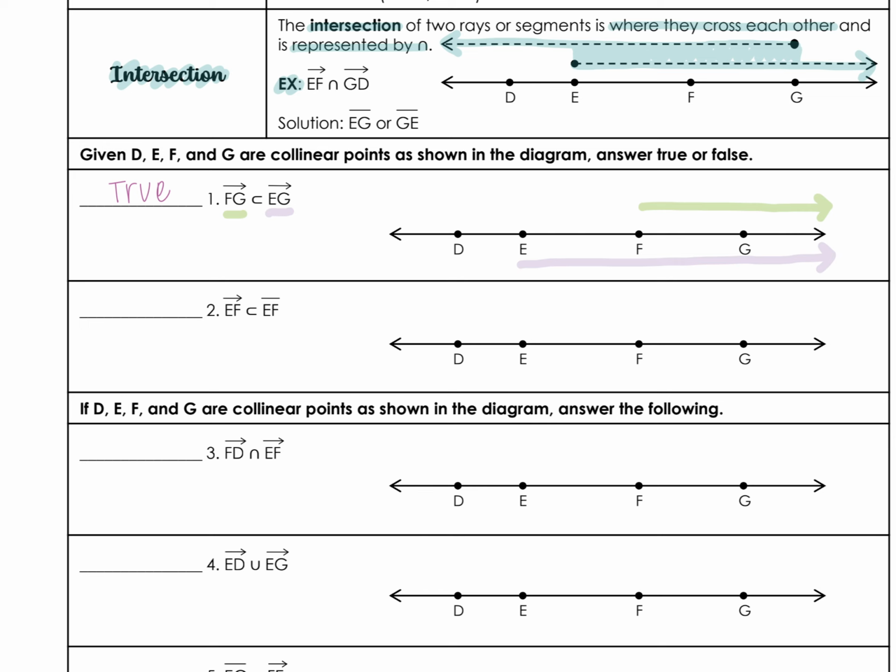Okay, now let's look at number 2. So I'm going to still go ahead and highlight the two. I'm going to do the first in green and the second one in purple.